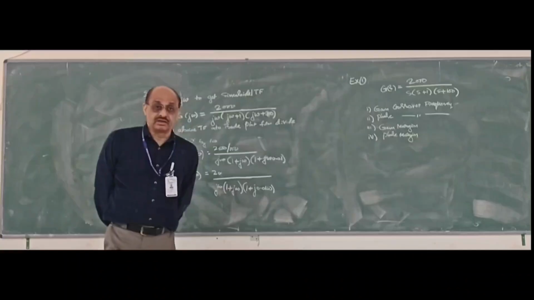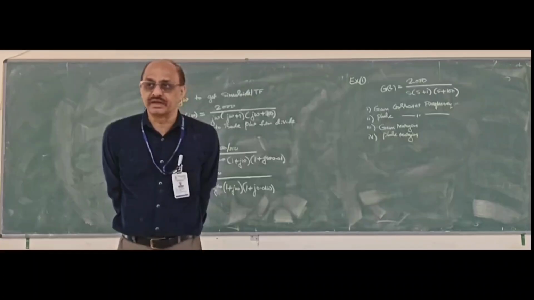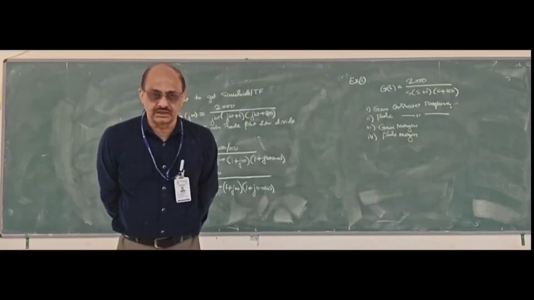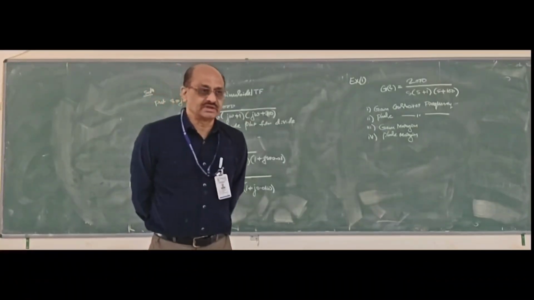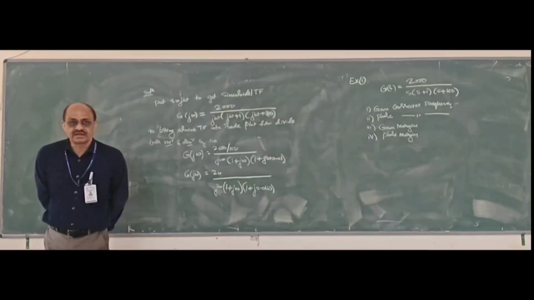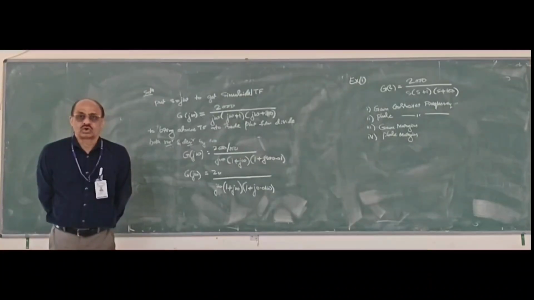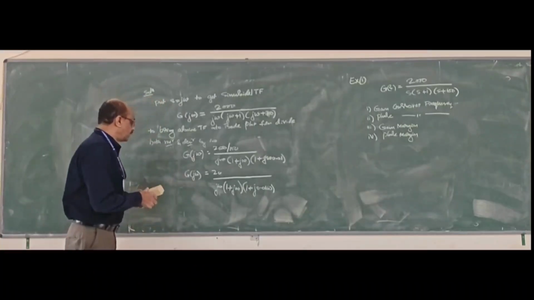Write that the starting frequency must be assumed lesser than the least corner frequency, and the frequency at which the initial line crosses the 0 dB line. This is very, very important.